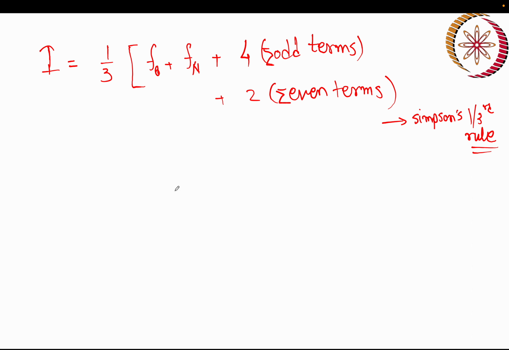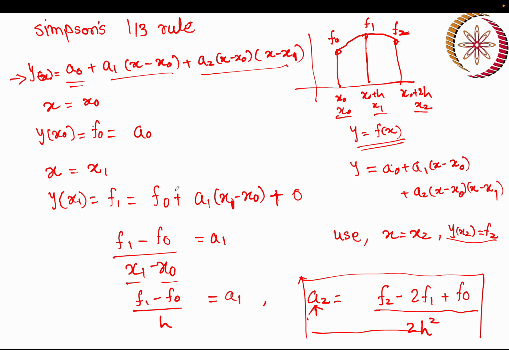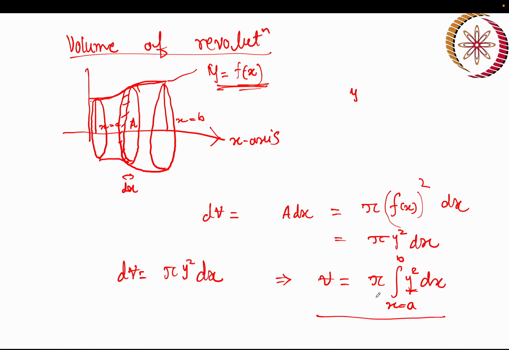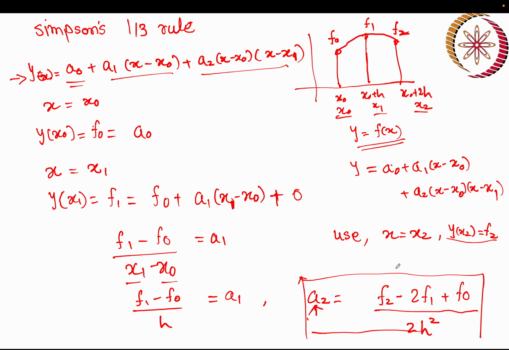So now there is a table given. From this table we first have to find the y square values. y is given, so we will find y square, because we want to integrate this function for the volume. Once we have this, that is our f, and we will use that to compute the volume.